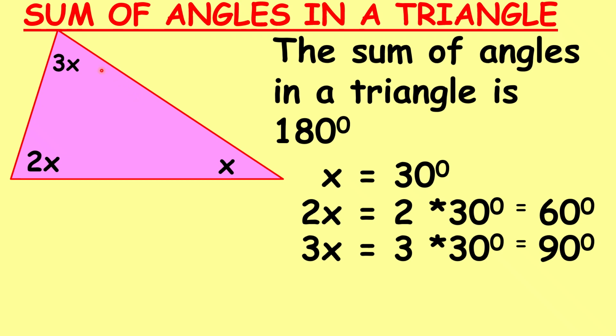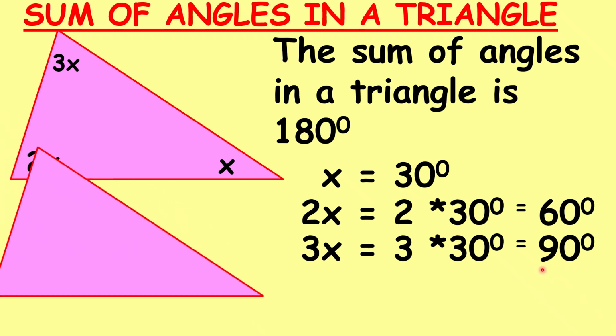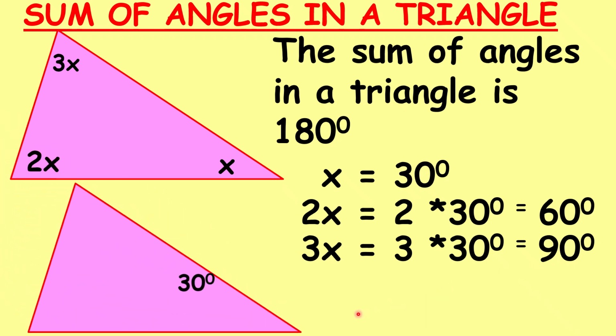And we're also looking for this particular angle here, which is 3x. Since we know x is 30 degrees, 3x will simply be 3 times 30 degrees, which is 90 degrees. So we know that x is 30, 2x is 60 degrees, and 3x is 90 degrees.